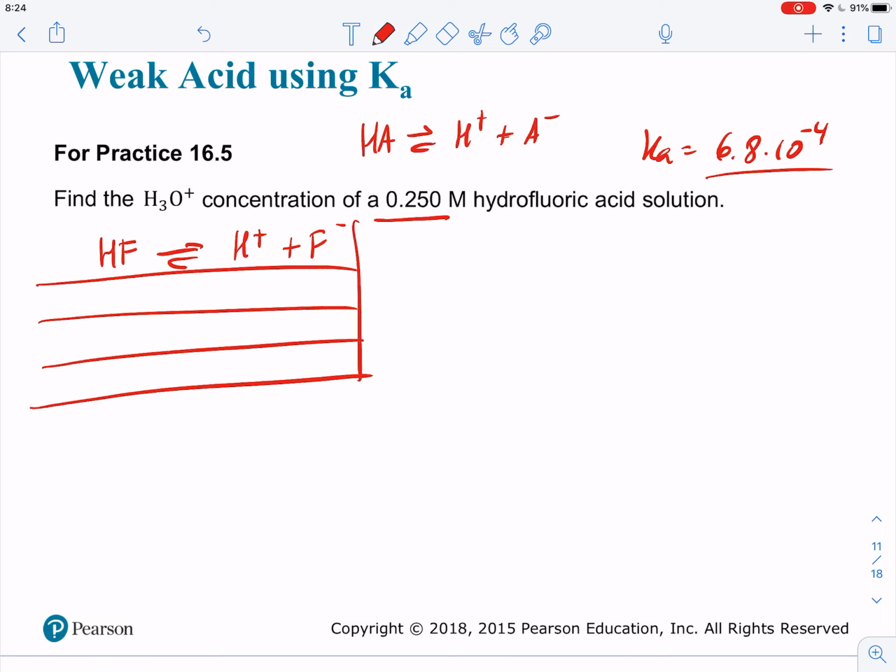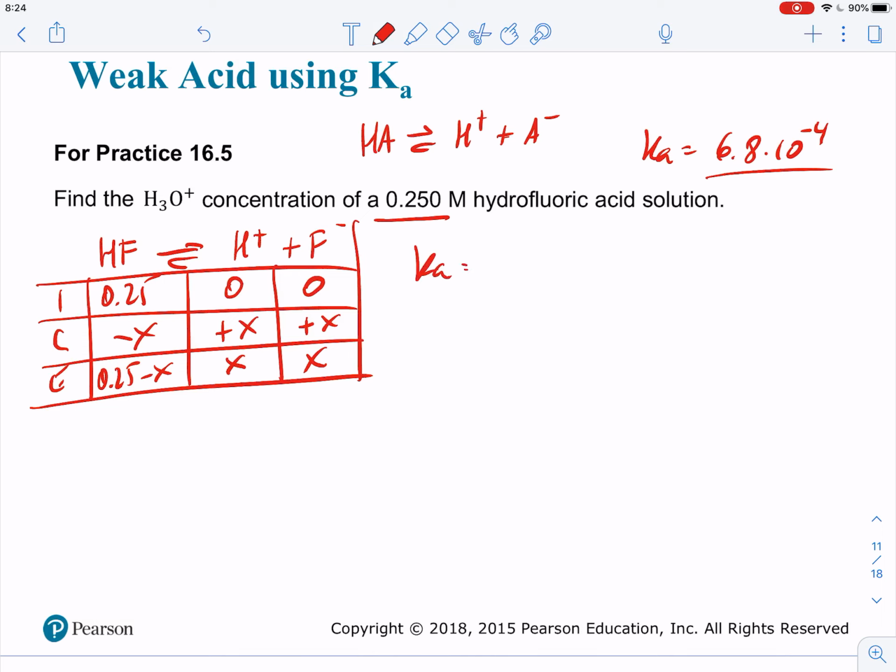No surprises here. When you write your ICE table, this is 0.25, 0, and 0. The change for hydrofluoric acid is minus x. The change for H plus is plus x and plus x. So we have 0.25 minus x, x, and x. The expression for Ka is the same, so we can skip writing the initial.